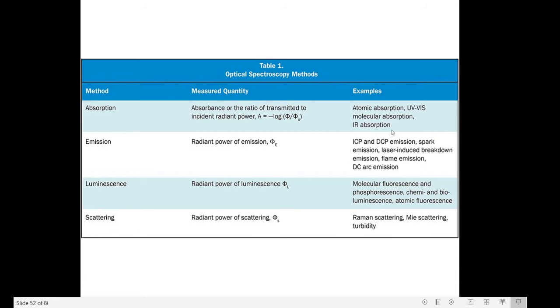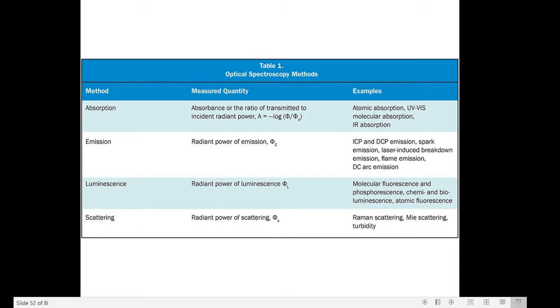Examples are UV and IR spectroscopy, and atomic absorption spectroscopy. Emission based technique means the radiant power of the emission. This is understood with ICP, the inductively coupled plasma spectroscopy.